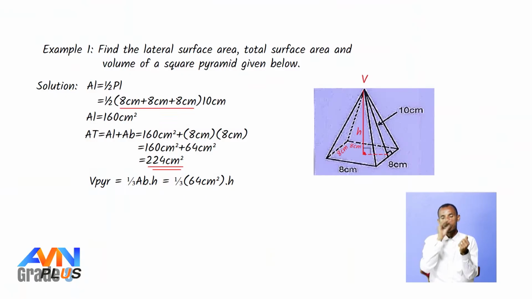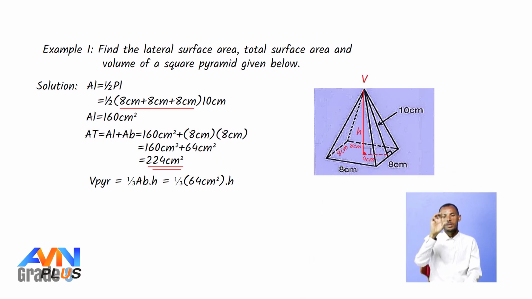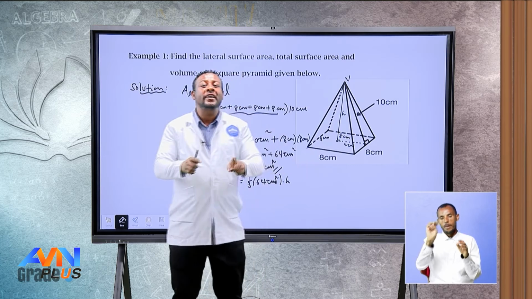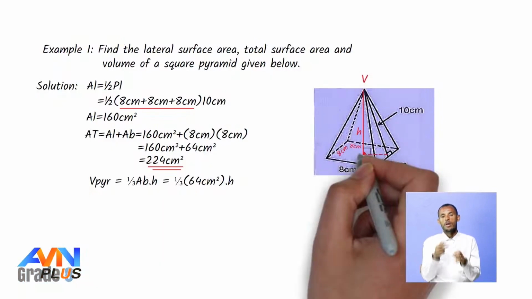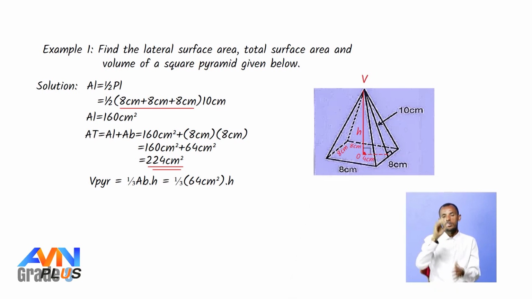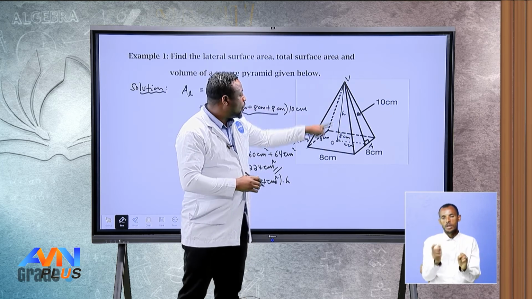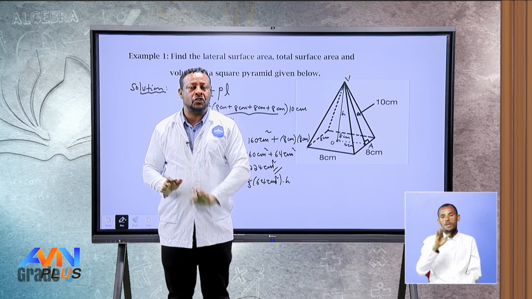This segment is 4 centimeter, because the whole segment is 8. Now we have a right angle triangle. Say this is O and this is A. You can see that triangle VOA is a right angle triangle by construction.